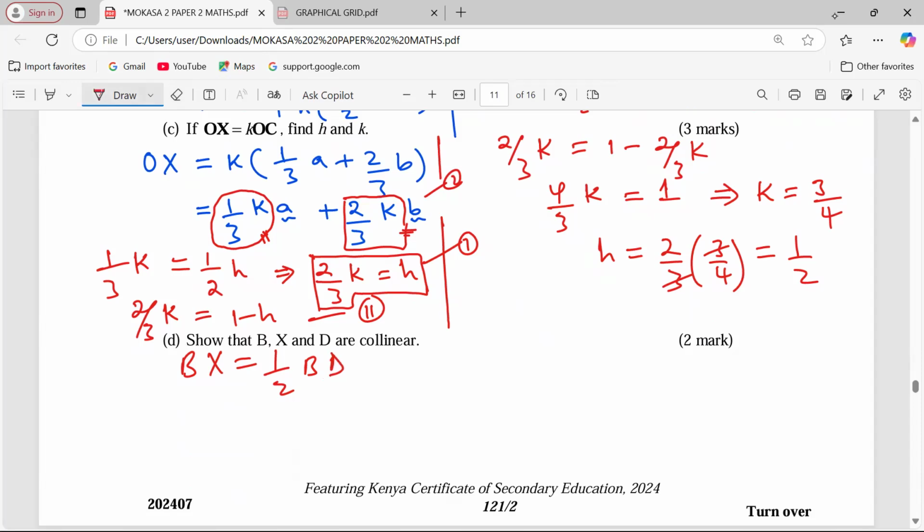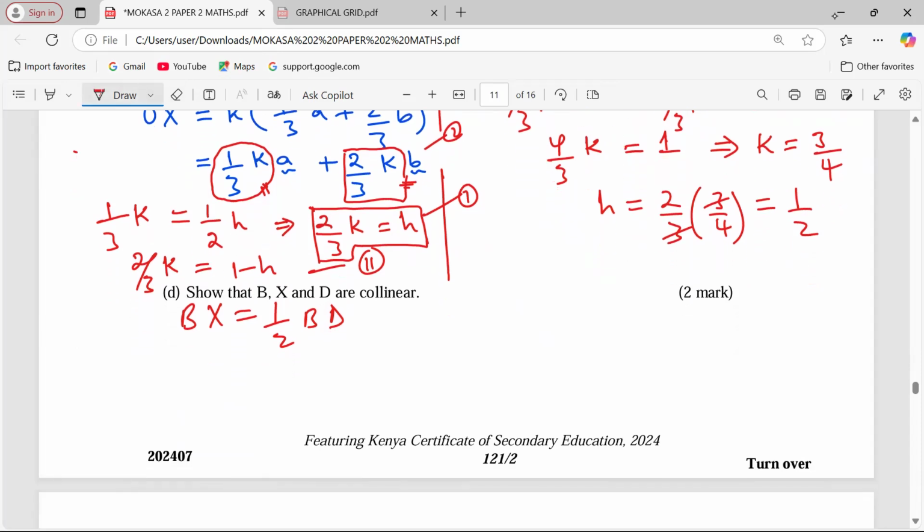Now, you see, BX and BD are vectors derived from the provided points here. And if one equals half the other one, it means one vector is a scalar multiple of the other. And that is evidence that they are parallel vectors. Therefore, because one vector can be expressed in terms of the other, they are scalar multiples of one another, and we can conclude that BX is parallel to BD.